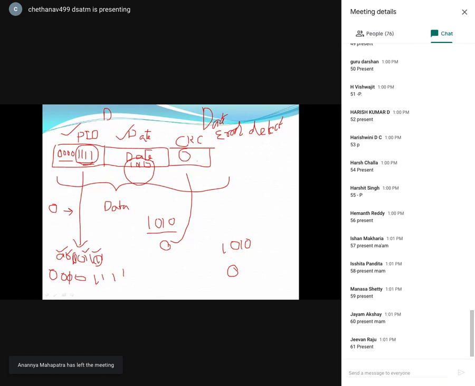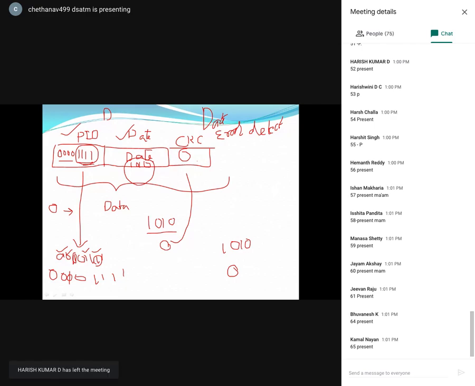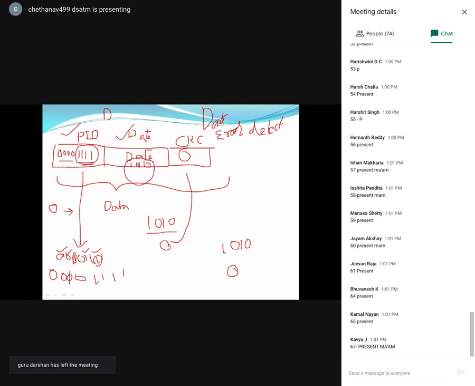Bhuvanesh. Kamal. Karthik. Kavya. Kaza Mainuddin.